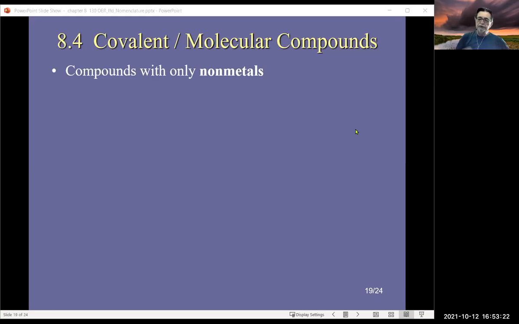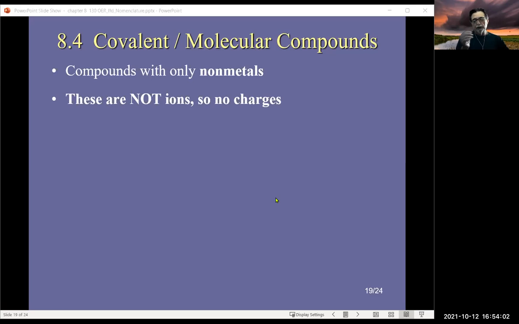But when we get to covalent molecular compounds, remember, by definition these are compounds that are only nonmetals. That's it. And so we don't really form ions here, and we're not really talking about charges. So I use the term oxidation number, because for covalent compounds we talk about partial positive and partial negative, whereas for ionic compounds we talk about a full positive or full negative, a full charge.